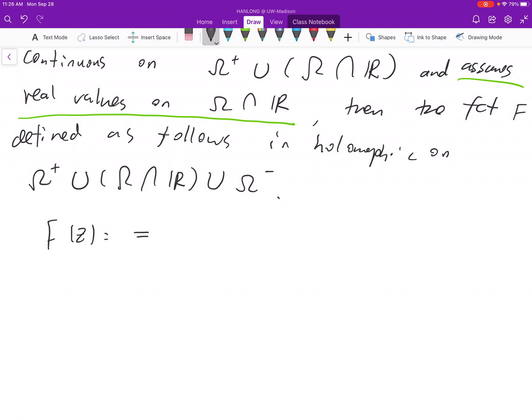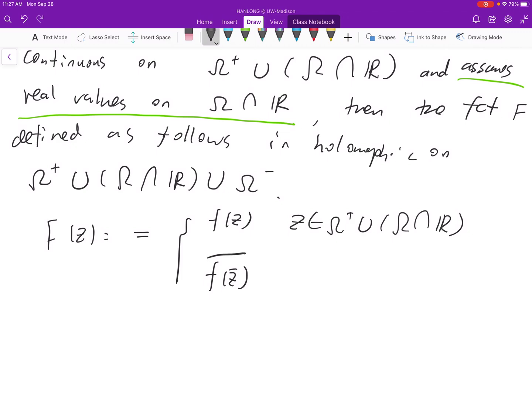F(z) is defined by f(z) when z is in the upper half part, and the conjugate of f(z bar) when z is in omega minus.